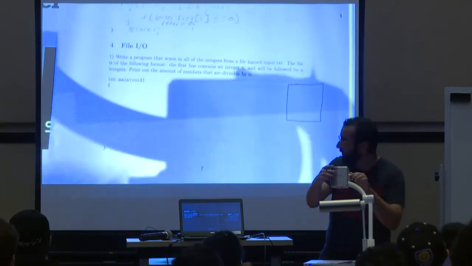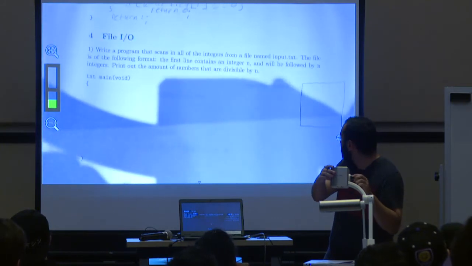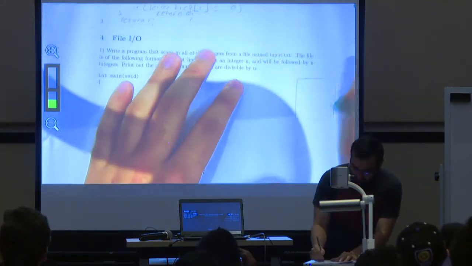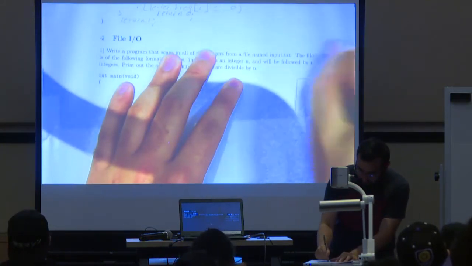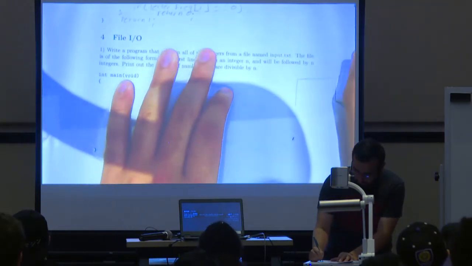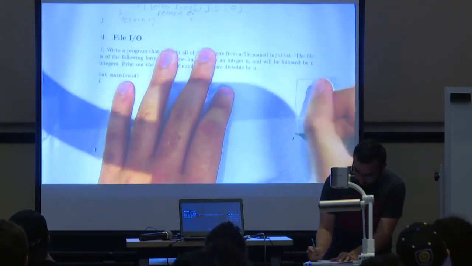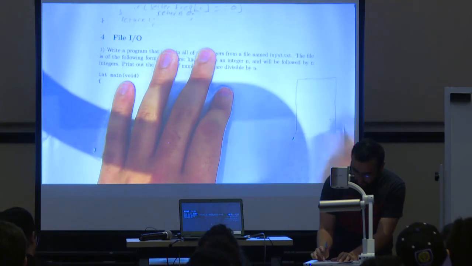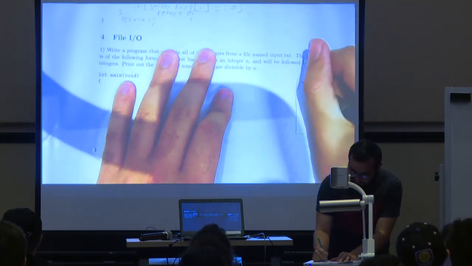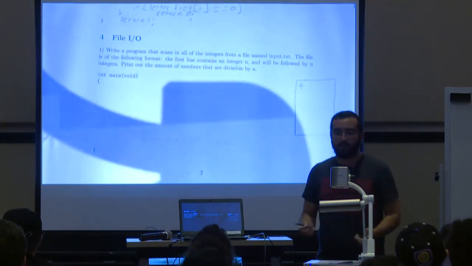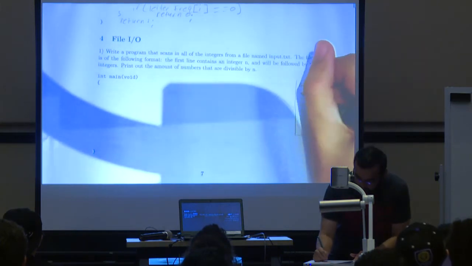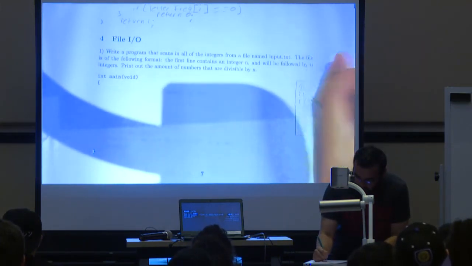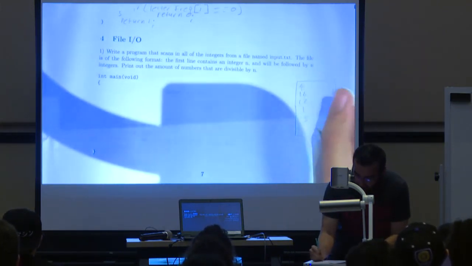So I'm going to zoom in on that a tiny bit. Let me just make it larger. So we have input.txt here. And it says the first line contains an integer n, so let's say 4, for example. And it's followed by 4 integers. So let's say these integers are just 16, 12, 1, 3.